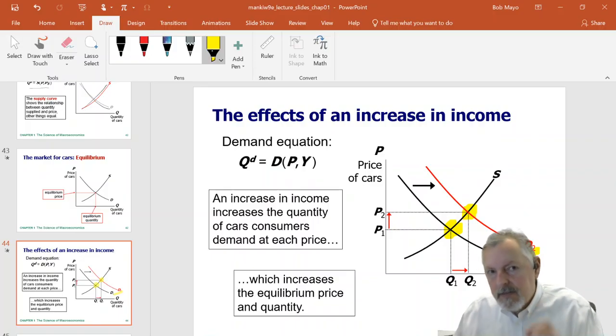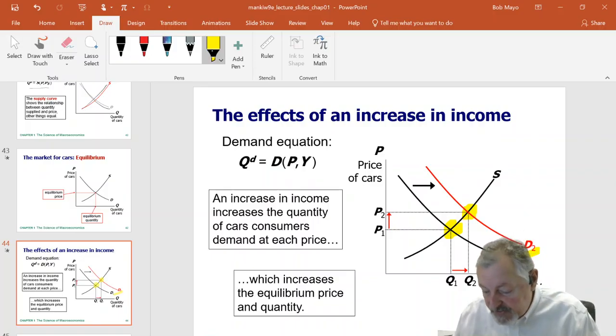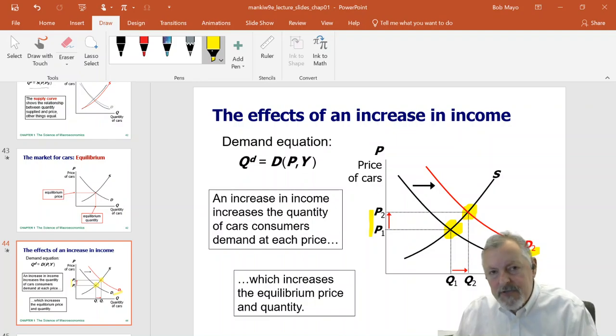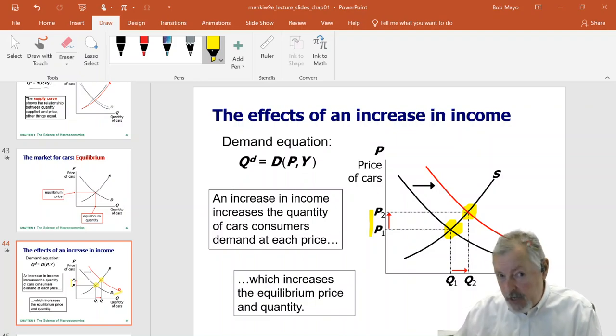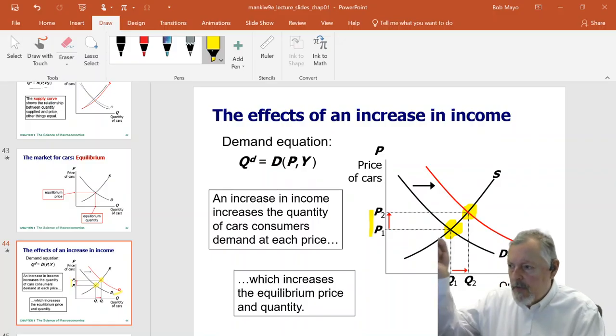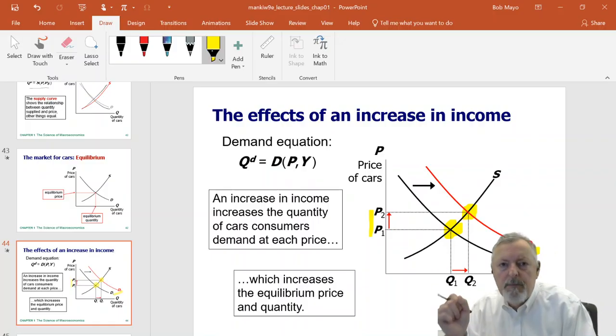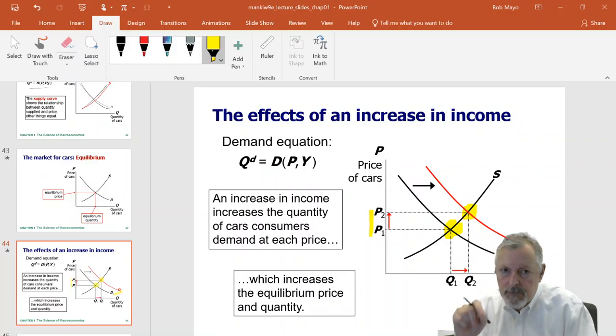And the price will go up from P1 to P2. This assumes the prices can change. We call it comparative statics. You're studying one equilibrium and then the other equilibrium, but you're ignoring how this system gets from A to B.